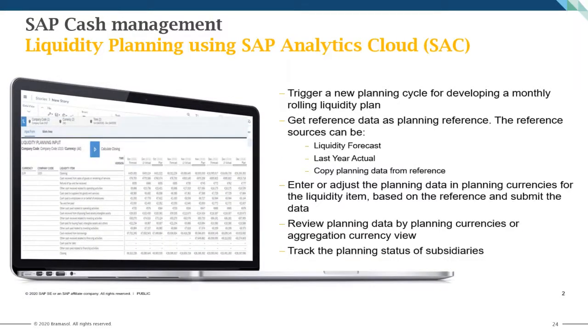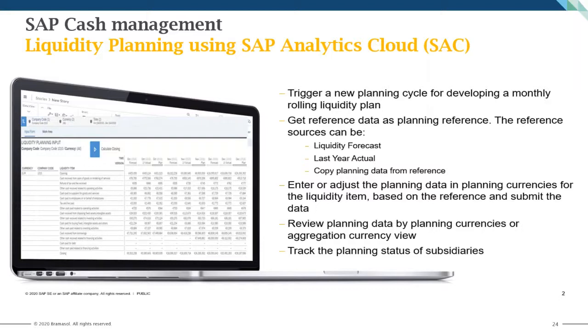And the liquidity planning functionality is also built into Analytics Cloud. It can trigger completely new planning cycles if you have various subsidiaries that are planning their own cash flows. You can have them do it and feed it into a workflow-based aggregation mechanism.